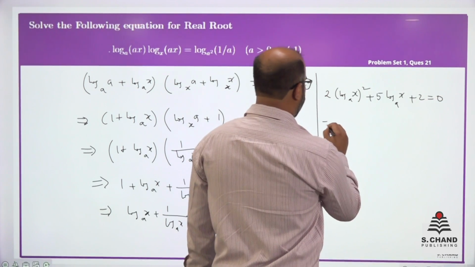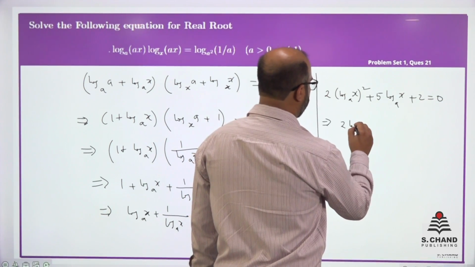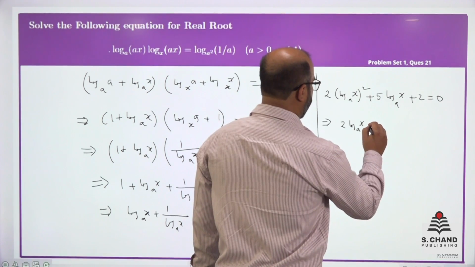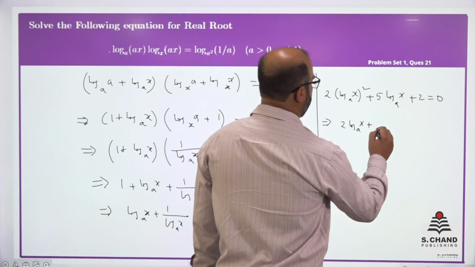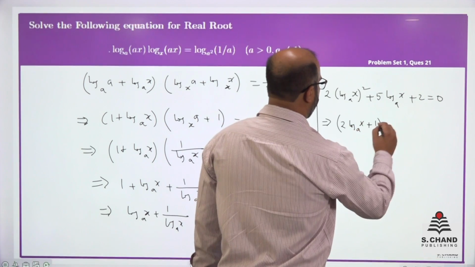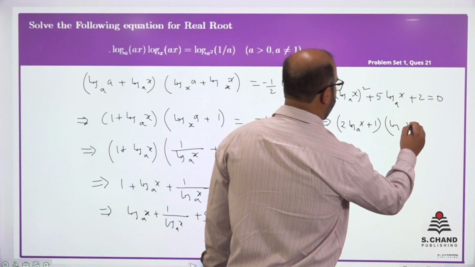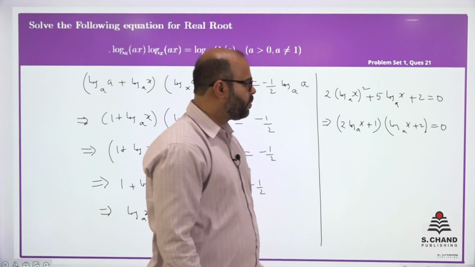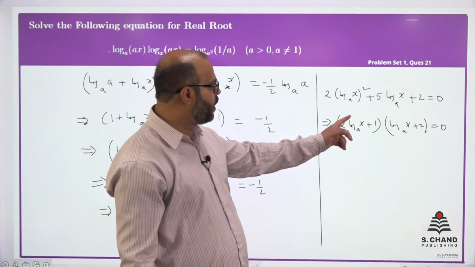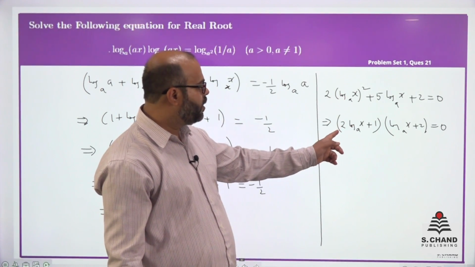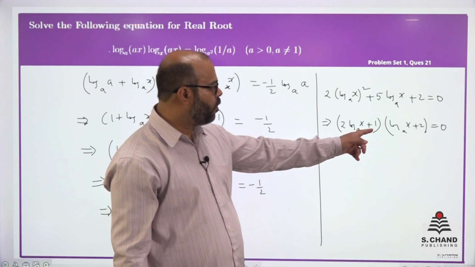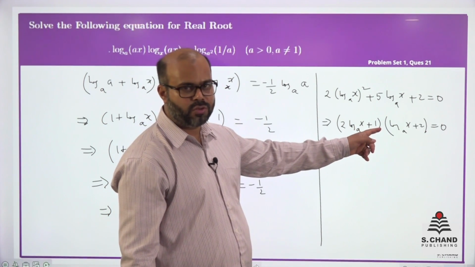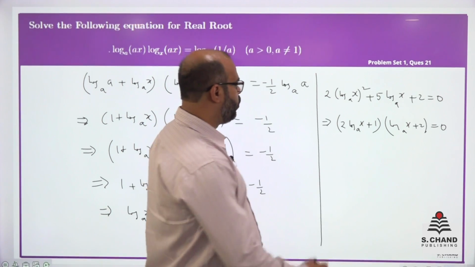So in the next step, you can take 2 log x to the base a plus 1 into log x to the base a plus 2, as the middle term is splitting. You can just multiply and check: 2 log x to the base a whole square plus 4 log x to the base a plus log x to the base a, that will be 5 log x to the base a, plus 2 equal to 0.